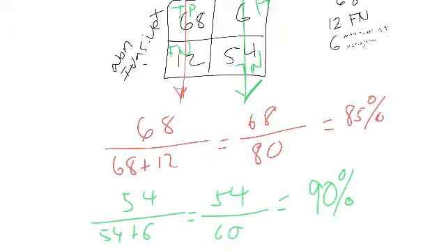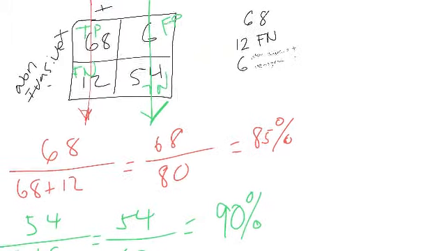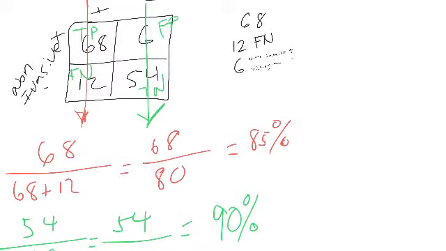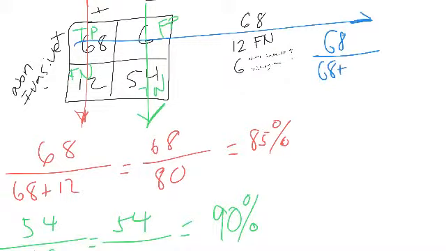Now let's do our positive predictive value. It's this row right across the top, and it's true over everything. So again, 68 over 68 plus 6 equals 68 over 74.